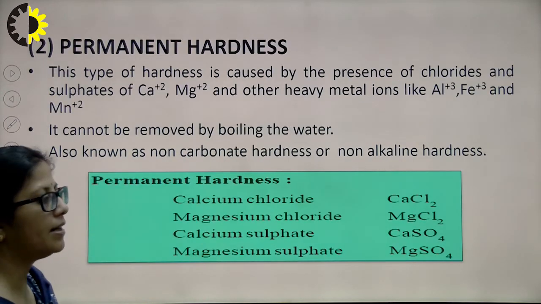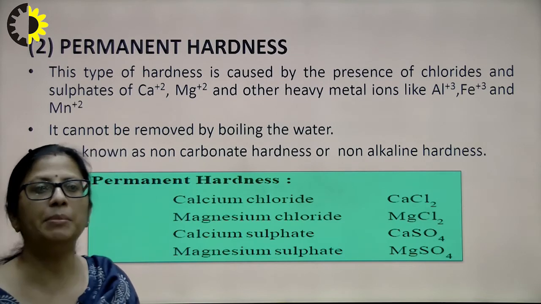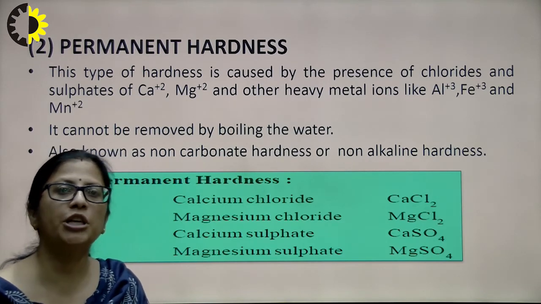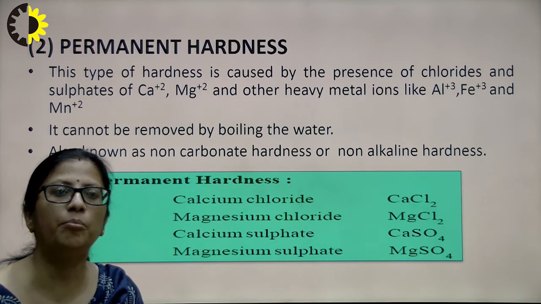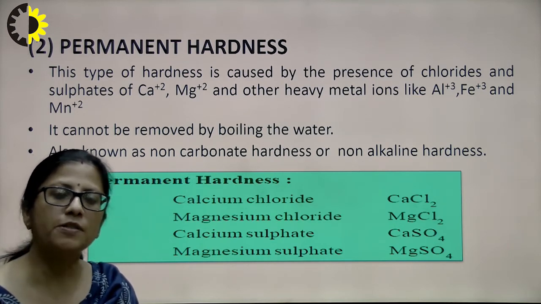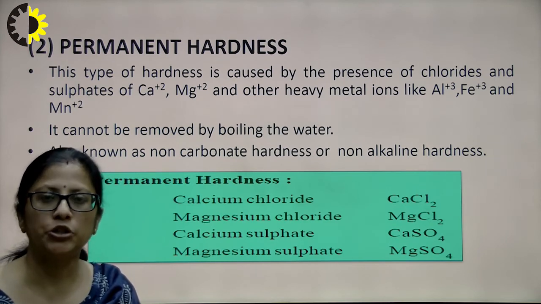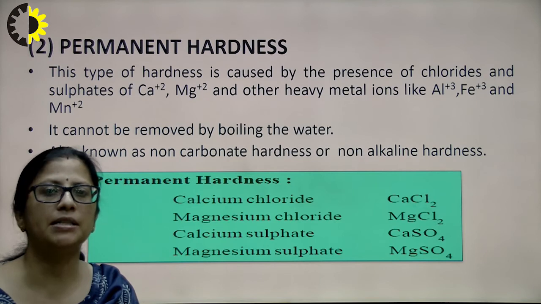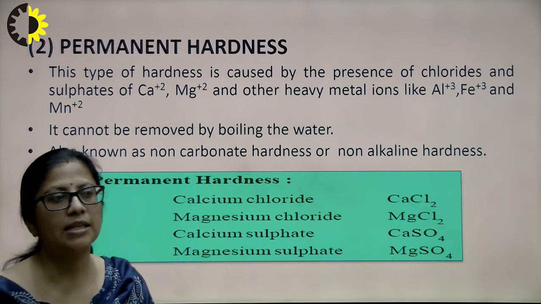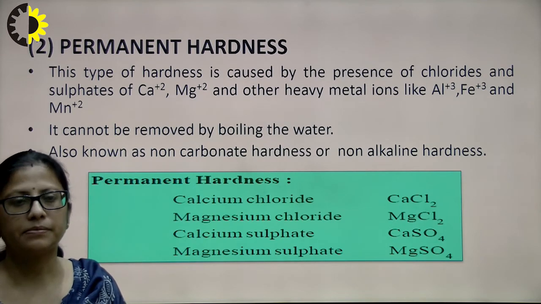Second type of hardness is the permanent hardness. By permanent hardness, I mean that hardness which cannot be removed by a simple boiling process, and this hardness is caused by the chlorides and sulfates of calcium, magnesium and other heavy metal ions, like aluminium, iron, manganese.